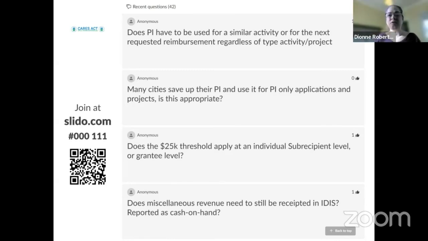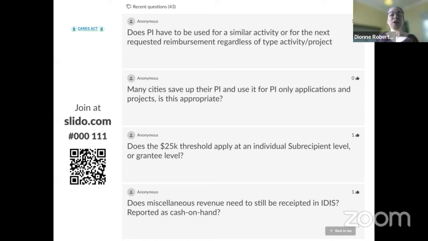I would note, however, that if you're receiving program income and saving it up to use it all on one specific activity, so you have a program income only activity, unfortunately, that is not in keeping with the requirement that program income be receipted as received and used first. So while you're saving that up, if you're drawing down out of your line of credit for other activities, then you are not utilizing the program income appropriately, because it does have to be used first before you can continue to draw against your line of credit.